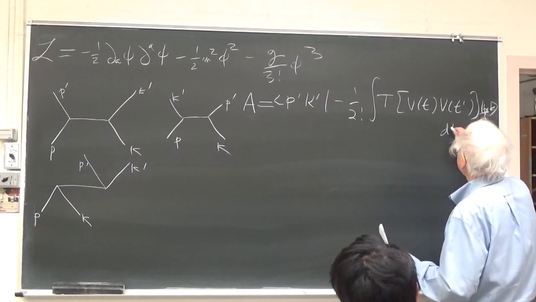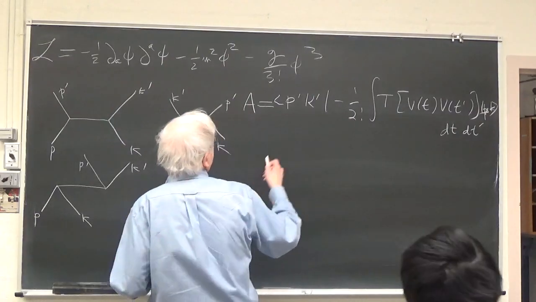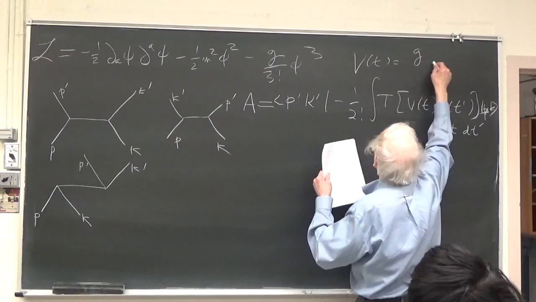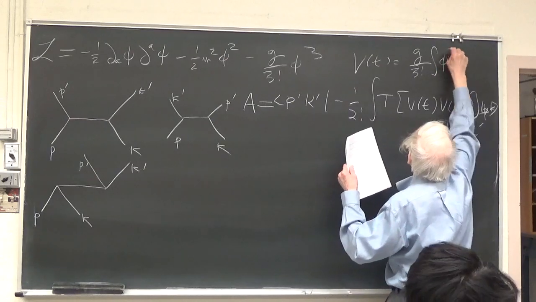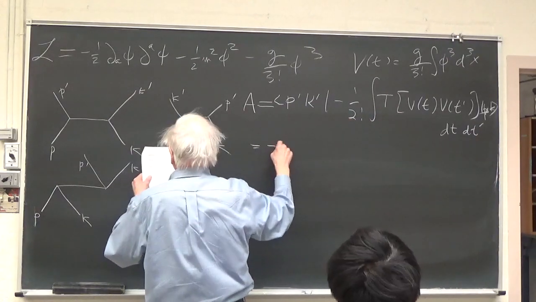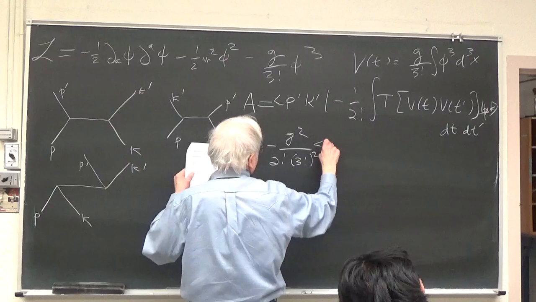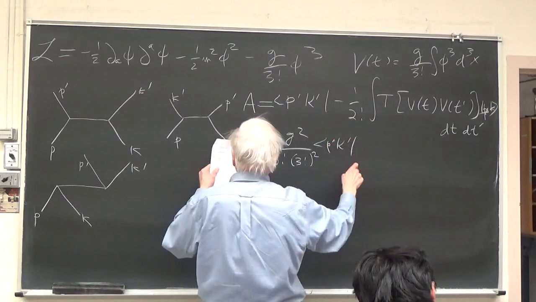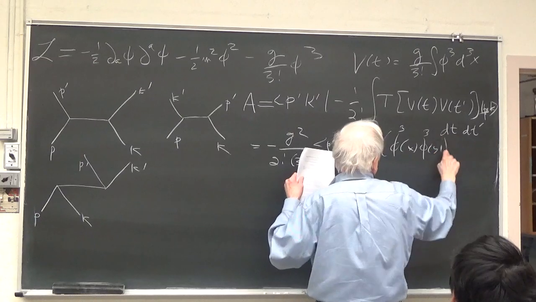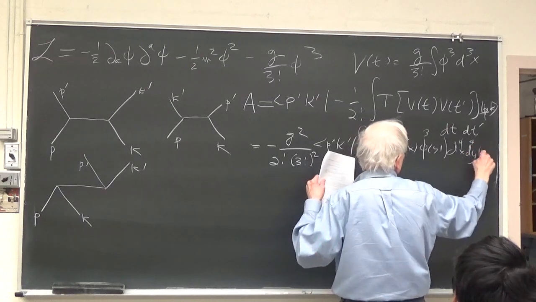And if you remember that V of t is g over 3 factorial integral phi cubed d cubed x, this turns out to be minus g squared over 2 factorial, 3 factorial squared, p prime, k prime, integral time-ordered product phi cubed of x, phi cubed of y, d fourth x, d fourth y, pk.